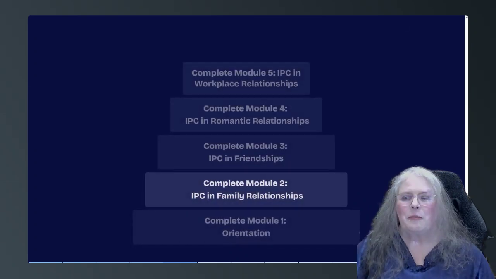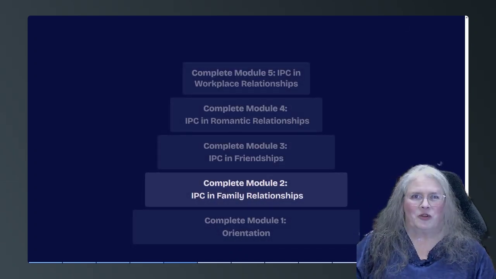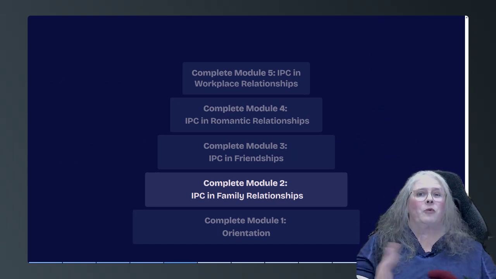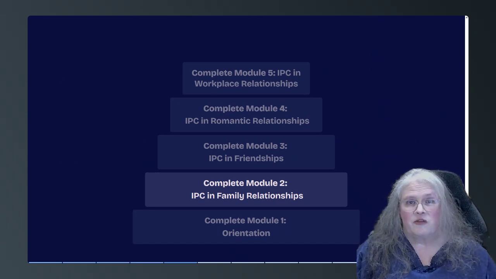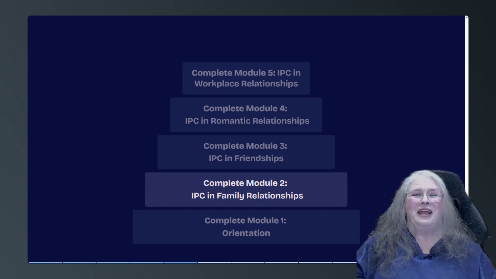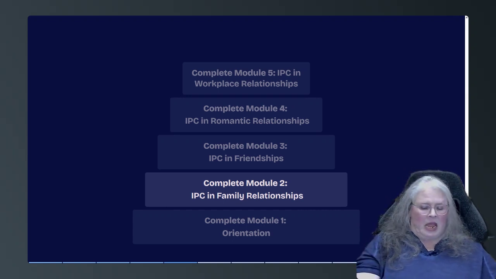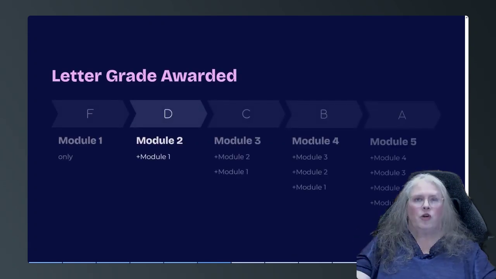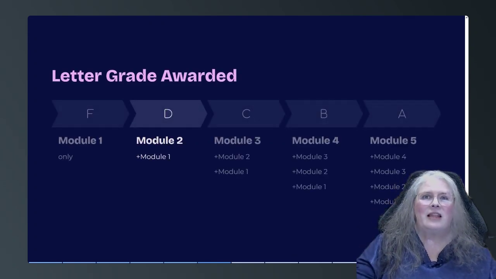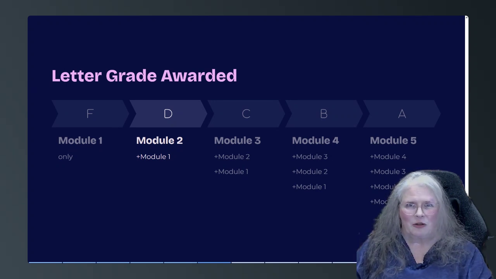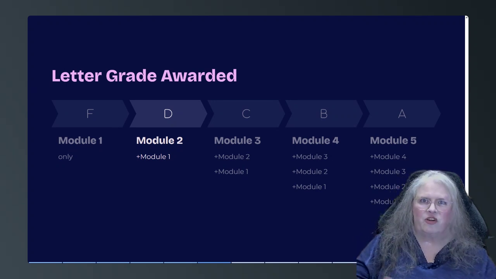Our next step is Module 2, Interpersonal Communication and Family Relationships. We start with family because honestly, that's our first relationship, right? And then we add on things, right? So if we turn in all the required work and meet that 80% mastery level, we earn a D in the course. I know that sounds discouraging.